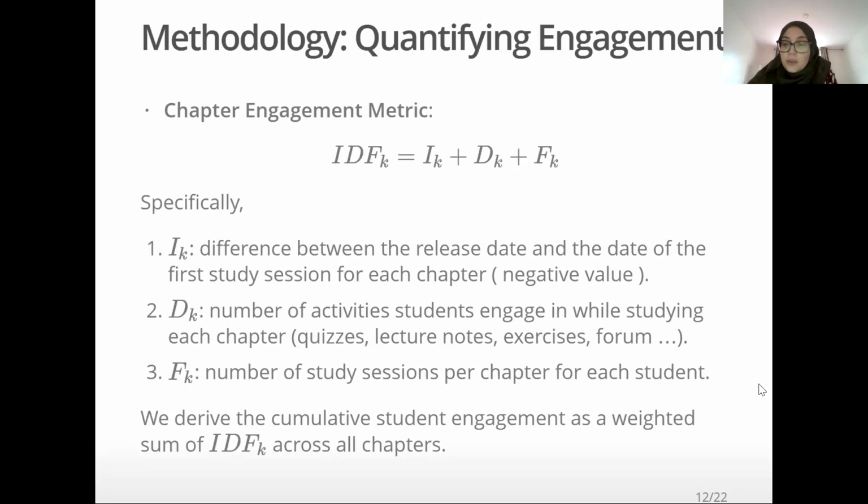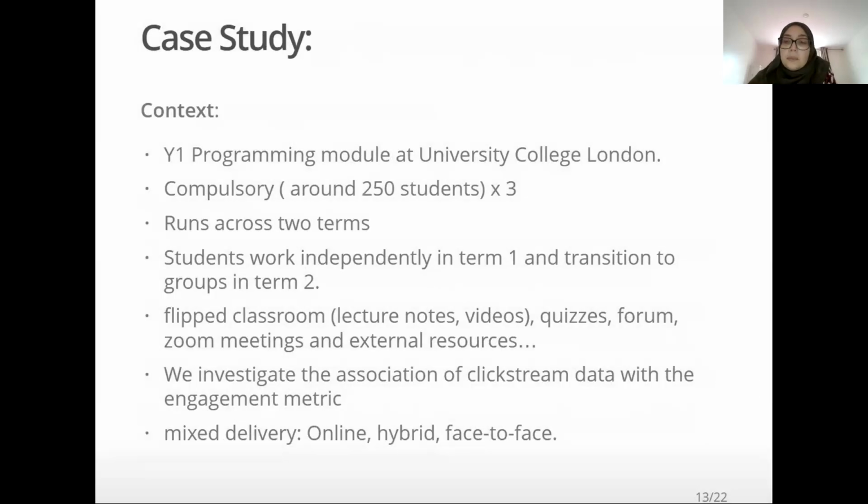The case study we apply the metric on is a first-year programming module at UCL. The module is compulsory for stats and math students, so it covers approximately 200 to 250 students, and we have 3 years of data of this module across 3 delivery modes: online, hybrid, and face-to-face. The module incorporates a wide variety of activities.